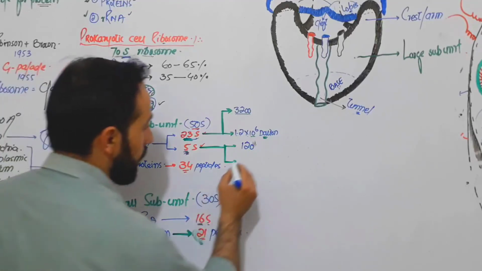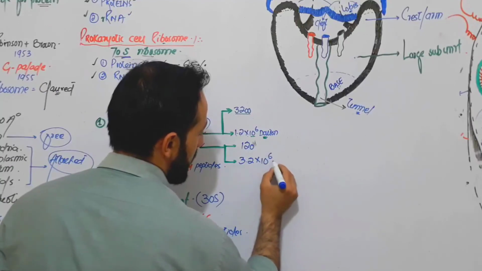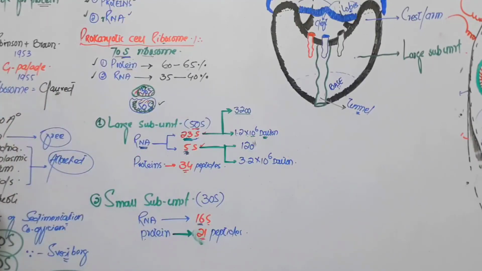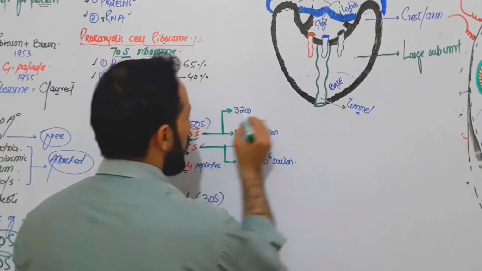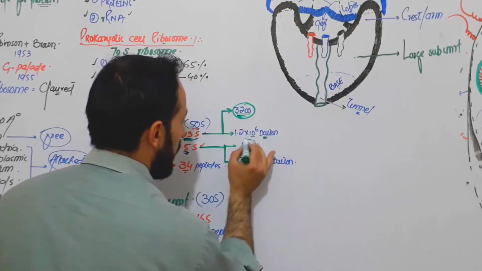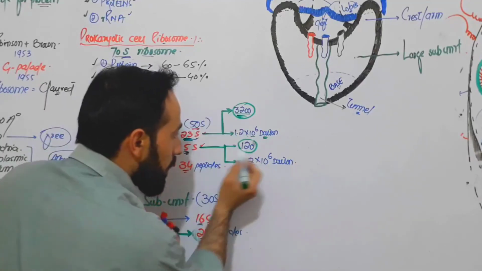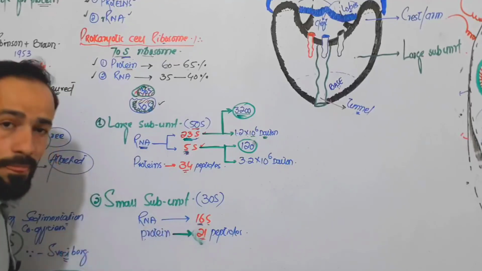That is 3.2 into 10 raised to the power 6 Dalton. Done. This is the weight of those nucleotides. Look carefully once again. Here are 3,200 nucleotides, and in 5S RNA, the number of nucleotides which we counted was 120. That's so simple.